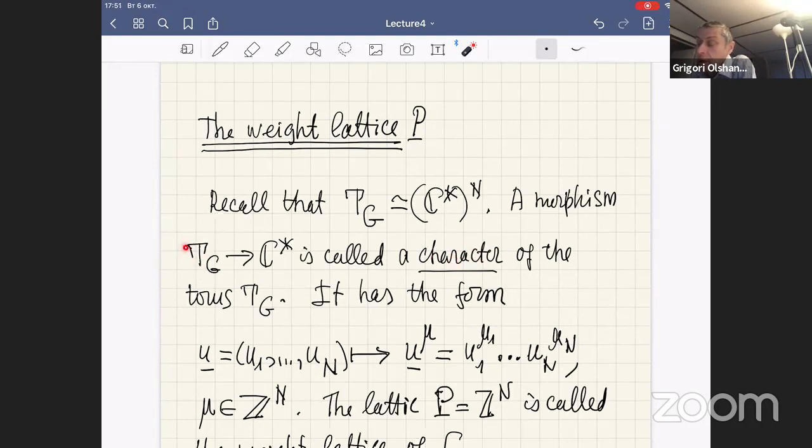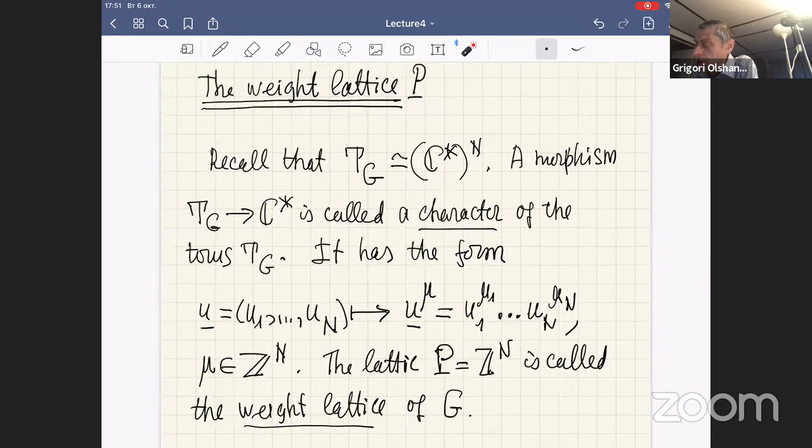And what are the characters of this object? It's easy to see. It's an exercise. If you did not pay attention, just take it as an exercise to show that any character of a torus has this form. This is my notation for the element of a torus.